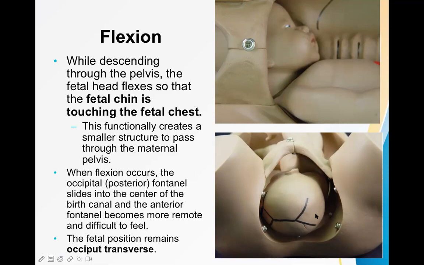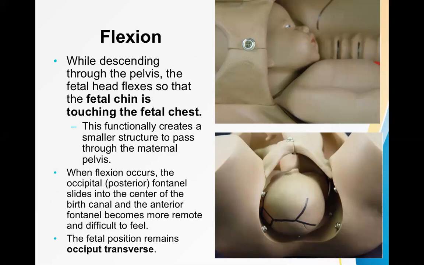Now look at the second picture, you can understand it very easily here. When the obstetrician is doing per vaginal examination, they can easily feel this occiput part or the posterior fontanelle rather than the anterior fontanelle because of the flexion. Because of the flexion, the anterior fontanelle is going away, and it is difficult for us to feel now.